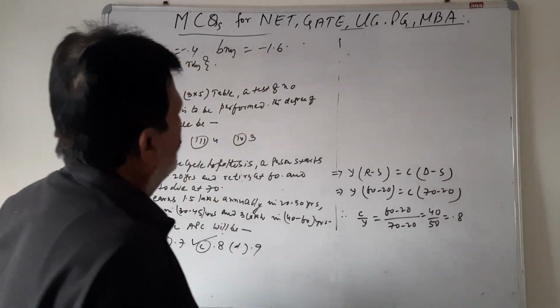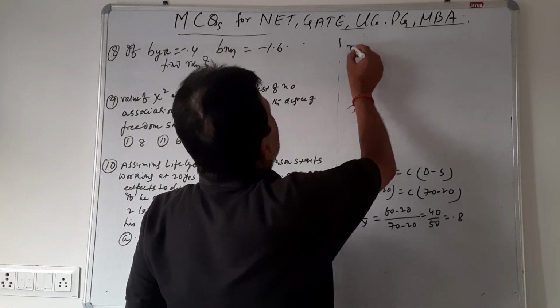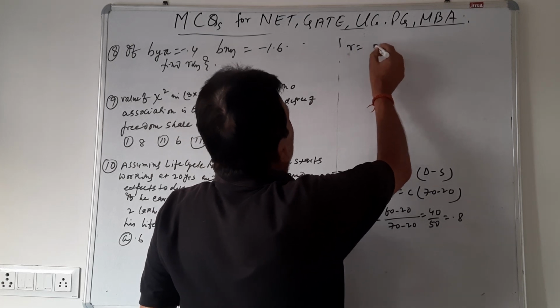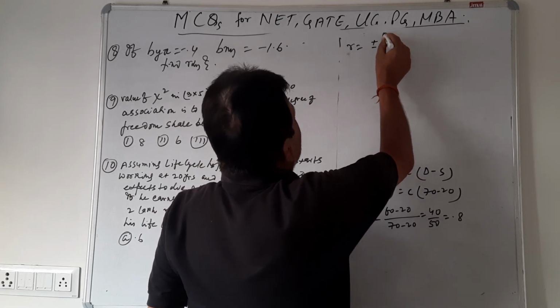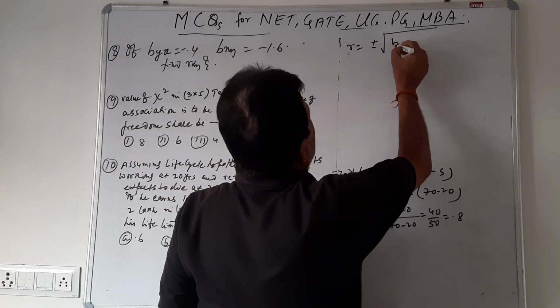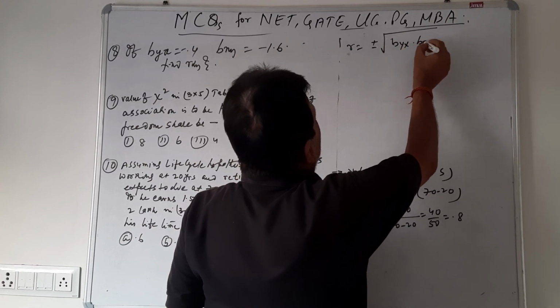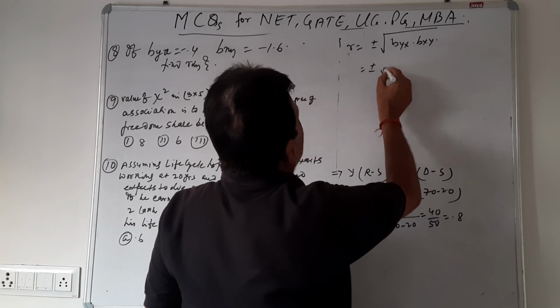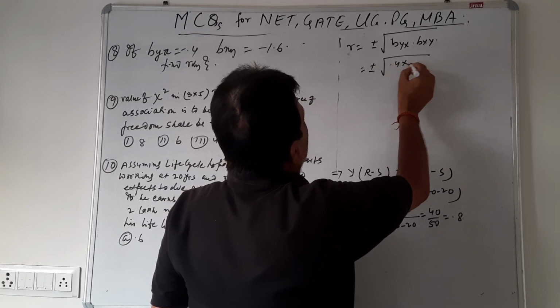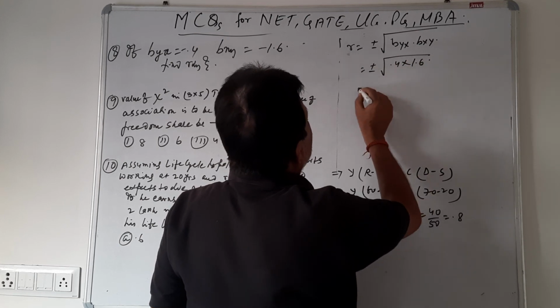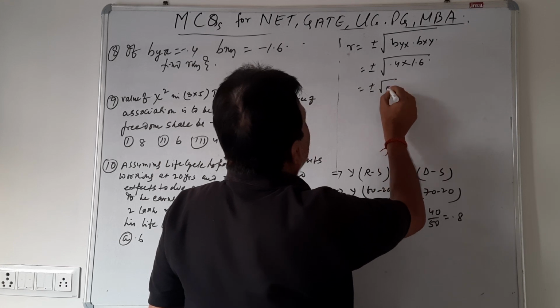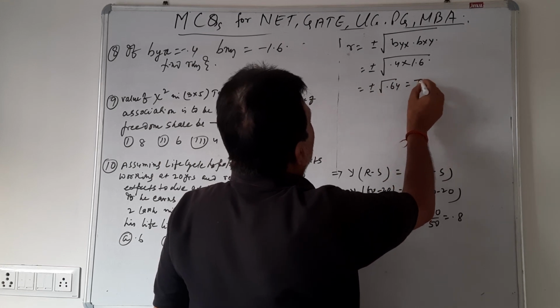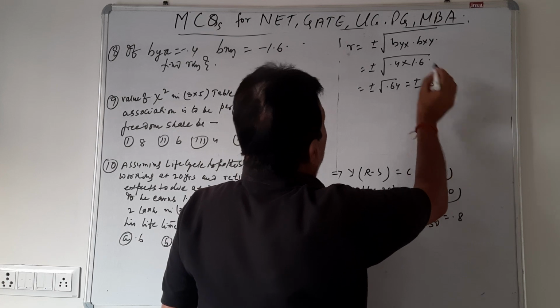Find rxy. r is plus or minus the square root of byx into bxy. That is plus or minus the square root of 0.4 into 1.6, plus or minus 0.64, plus or minus 0.8.